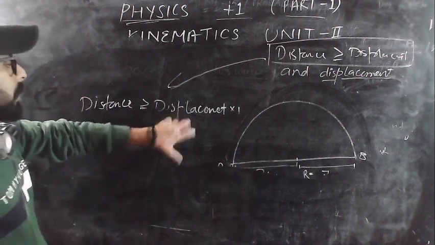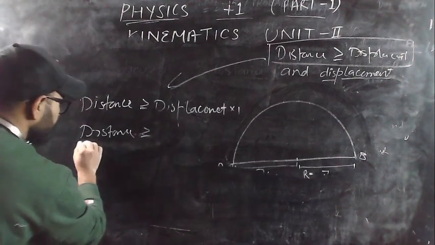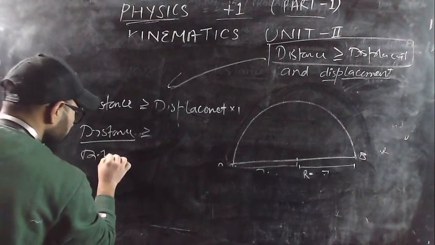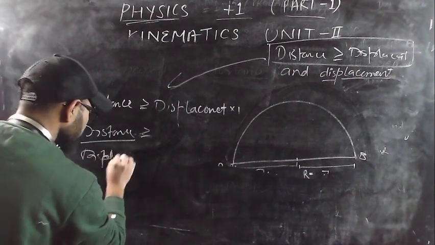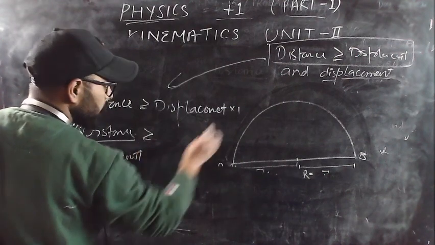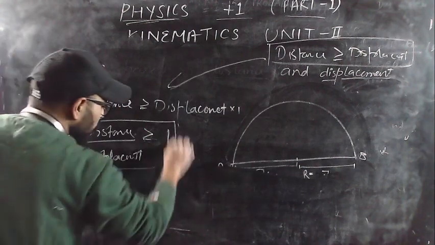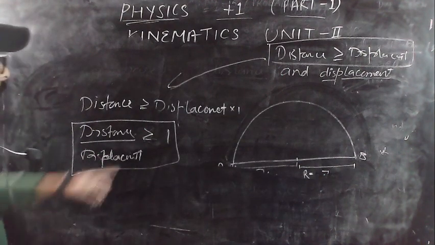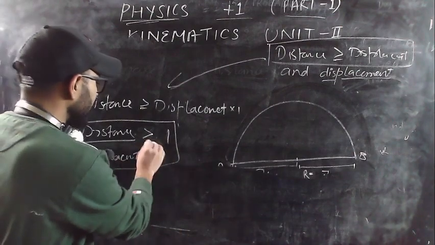Dividing it directly by distance, the value will remain 1. So the ratio of distance and displacement is always greater than or equal to 1.